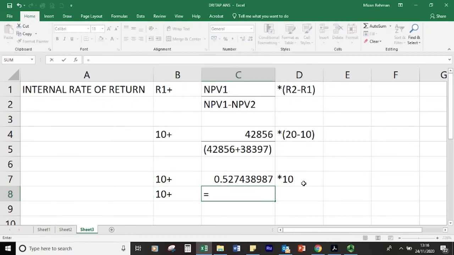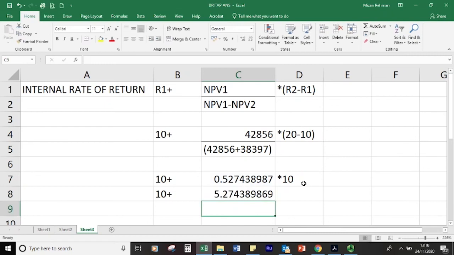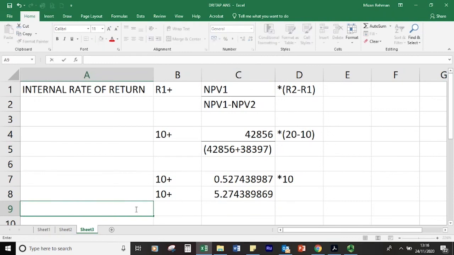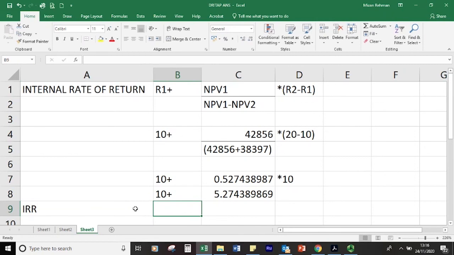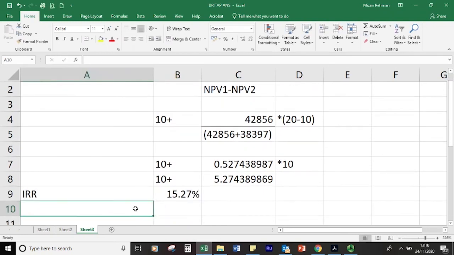Now this will be multiplied with the 10, so let's put 10 there, and we have got 5.27, and now we can calculate IRR. Internal rate of return is 10 plus 5.27, which is 15.27. And now you can put a percentage sign because we have resolved the formula.